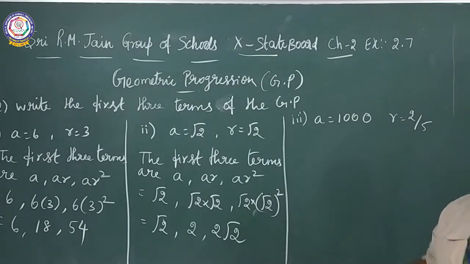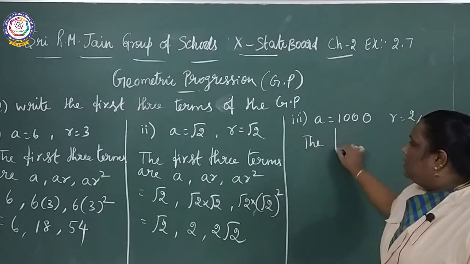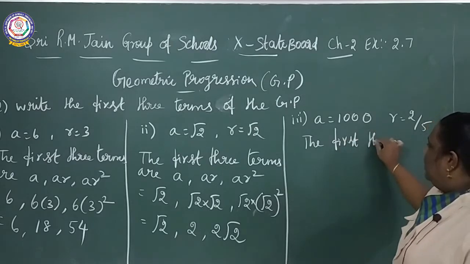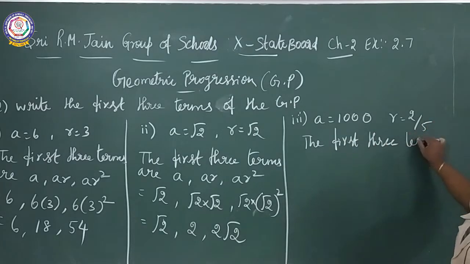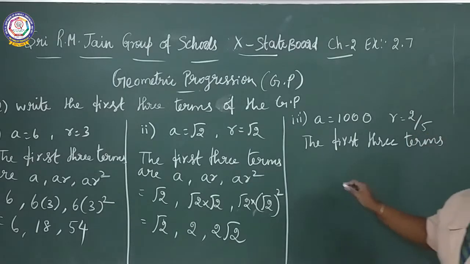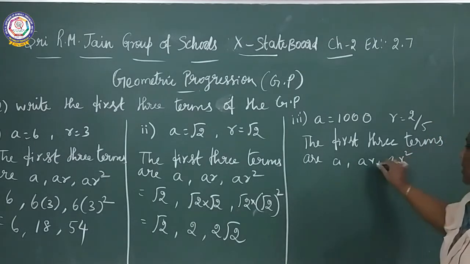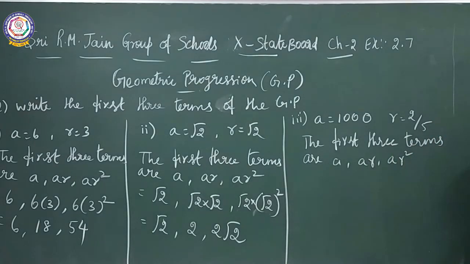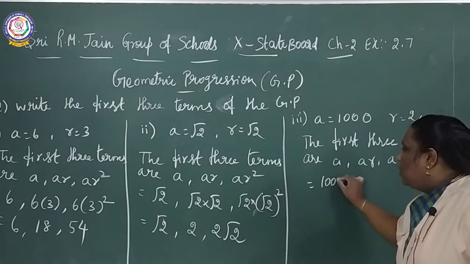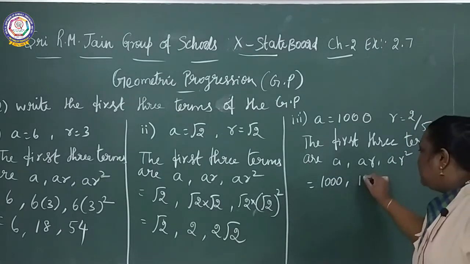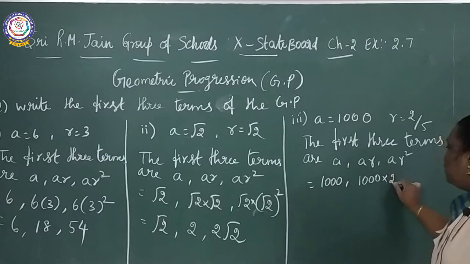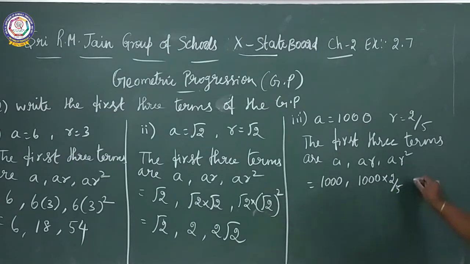See here, the same thing. The first three terms are a, ar, ar square. What is a? 1000. Next one is 1000 into r, which is 2 by 5. Next one is 1000 into 2 by 5 the whole square.